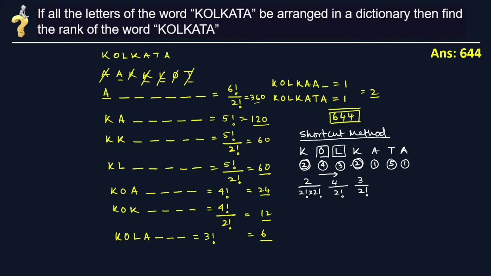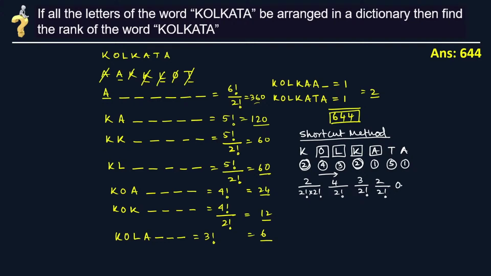Is it clear? Now we are considering the alphabet K. The number which is assigned to it is 2. So how many numbers are there which are less than 2? Only 2 numbers are there and both are identical. So it will be divided by factorial 2. Then you consider the alphabet A. How many numbers are there which are less than 1?